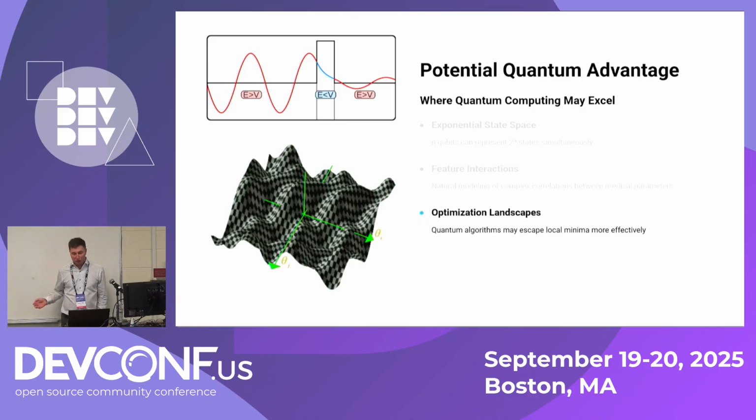But quantum systems don't have that problem because of the quantum tunneling effect, where you can overcome a potential barrier because it's a wave. Unlike classical algorithms, where you have to come up with tricks to get around that, you can escape the local minimum and then find the global minimum if it exists.